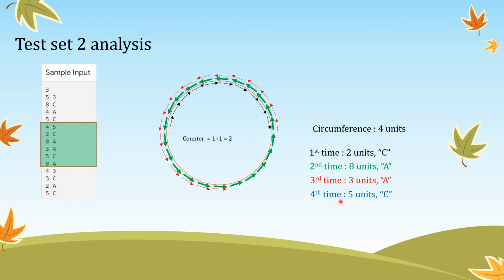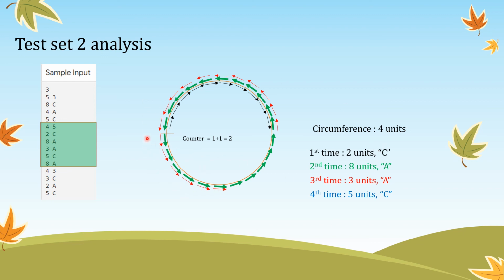And the fourth time she is traveling 5 units in the clockwise direction, so she is going in this direction, and 1 unit from here to cover, and then when it covers here, I think it will not be considered, but again it will take one full circle, because 4 units is nothing but one full circle, right?